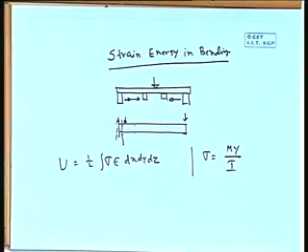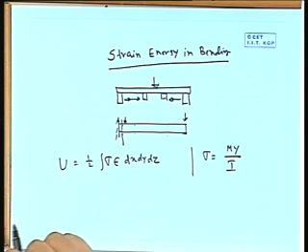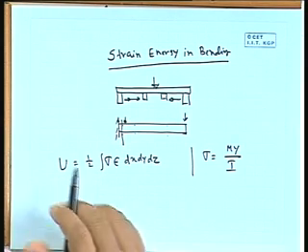So, sigma we can write My by I. Now, if I put the expression of sigma, what we will get? Strain is also dependent on stress, so strain is just stress by E. So, this expression can be defined entirely in terms of stress, or it can be defined entirely in terms of strain.